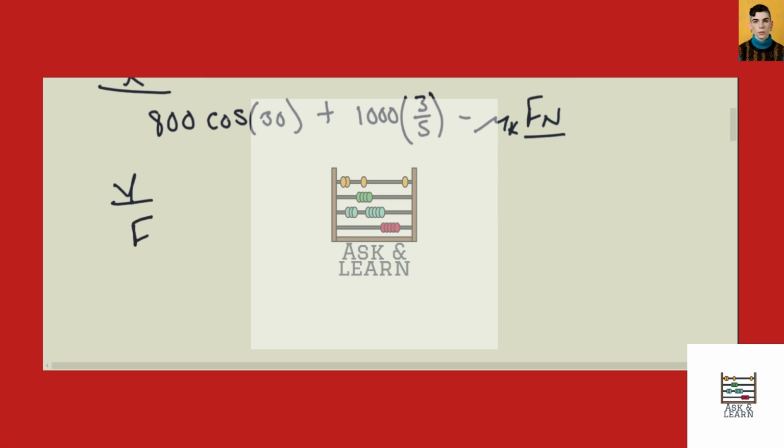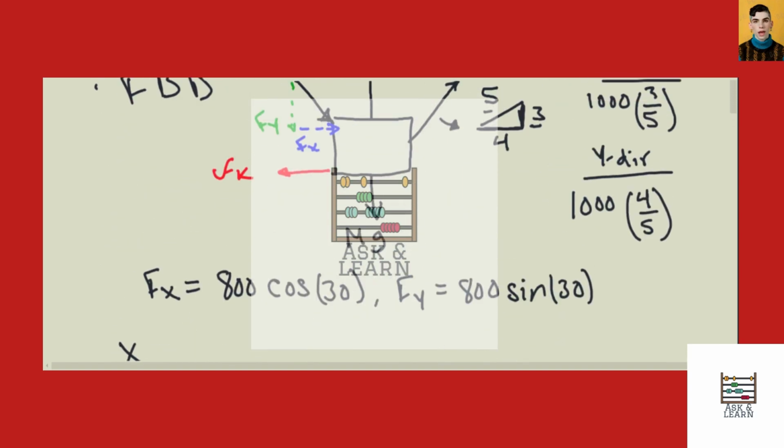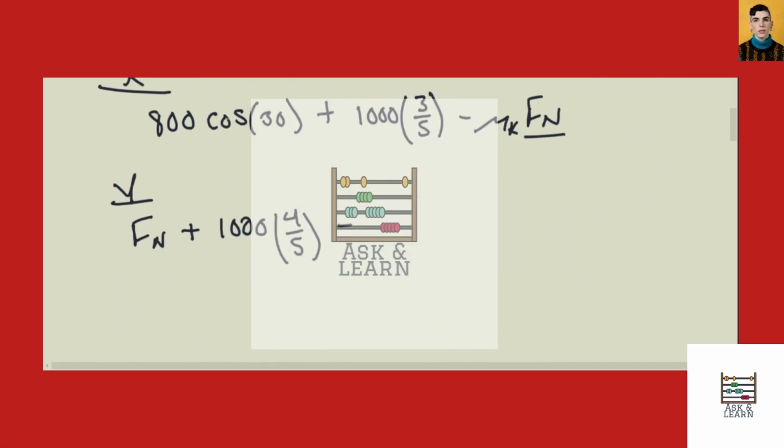So we have F of n is positive, plus from the right side, 1,000 times 4/5, minus from the left side, and it's negative because F of y is pointing down, we have minus 800 sine of 30.